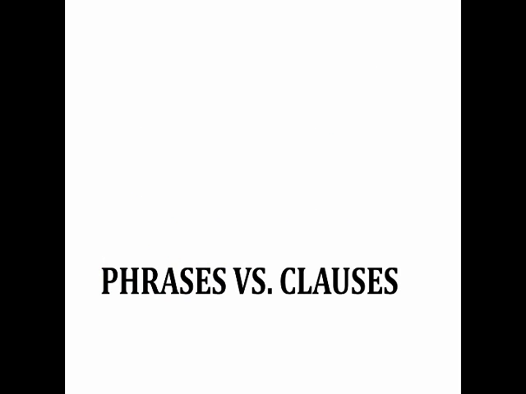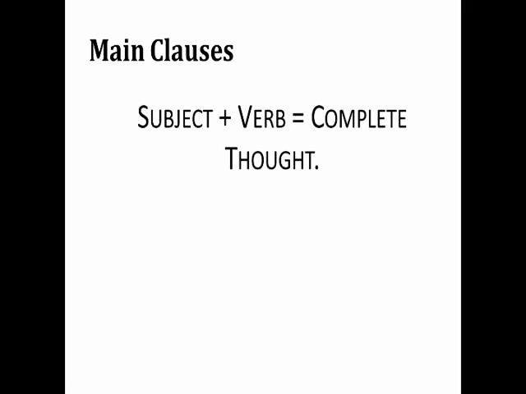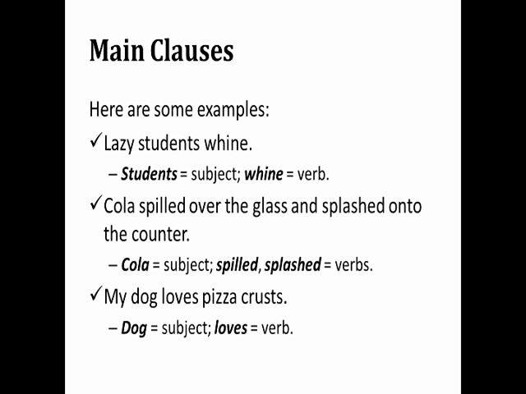Now let's differentiate a phrase from a clause. In clauses, we have two. We have the main clause or independent clause. We also have the subordinate clause or the dependent one. Main clause: the formula for making a main clause is you have the subject plus the verb and it has a complete thought. Examples are: lazy students whine. So you have students as your subject, you also have whine as your verb.